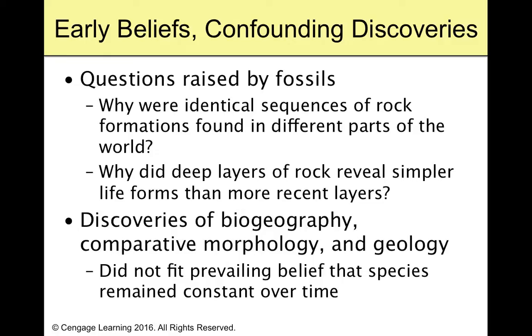And so some of these discoveries of biogeography, a little bit of our comparative morphology and geology, they all kind of came together and they all sort of started to paint this picture that we're really not seeing that species are going to remain absolutely constant over time. And the evidence for that, I think, is reasonably strong.